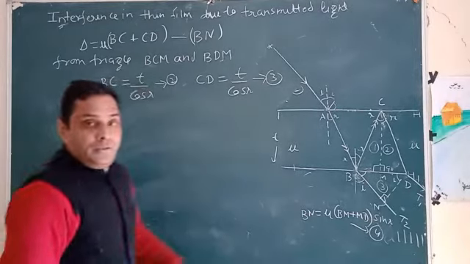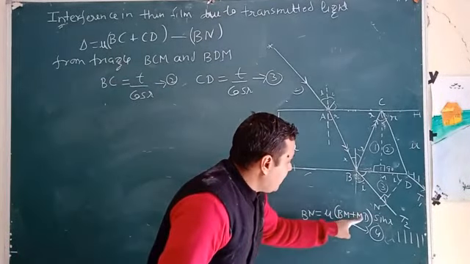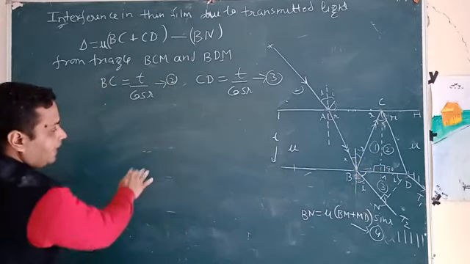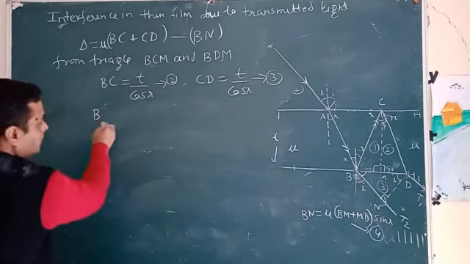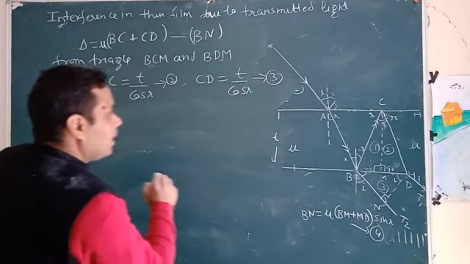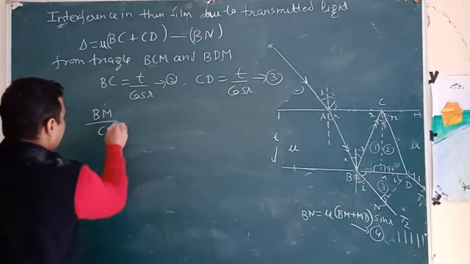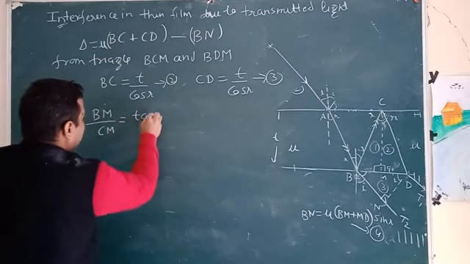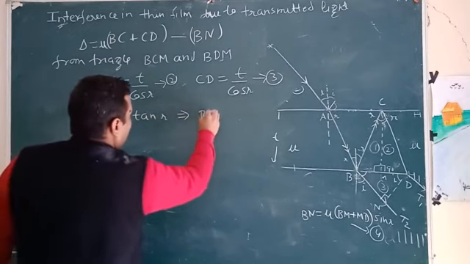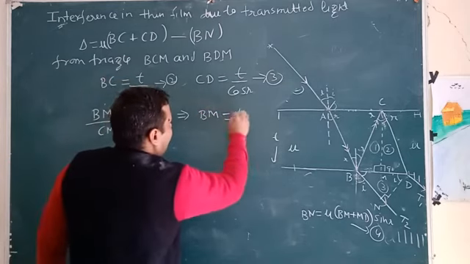Now we have to find BM plus MD from triangles 1 and 2. Here BM upon CM is equal to tan r, so BM is equal to T tan r.